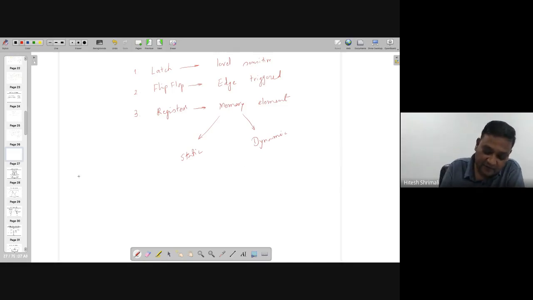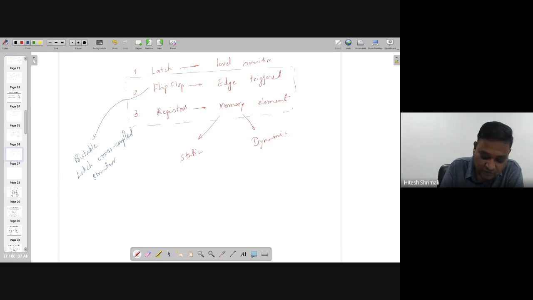And of course, the most important part over here is that flip-flop and register are kind of synonyms, but a flip-flop is the one which is using the bistable latch cross-coupled structure.